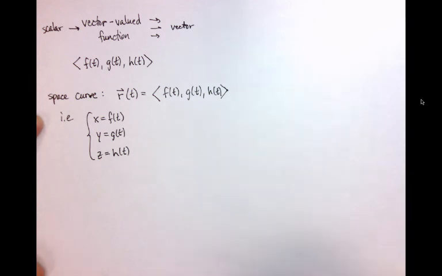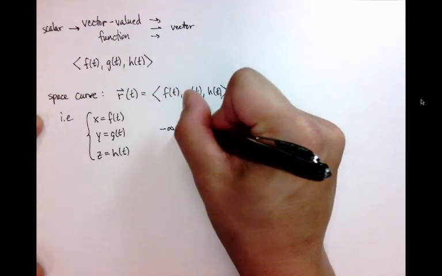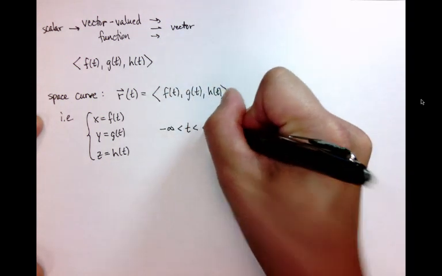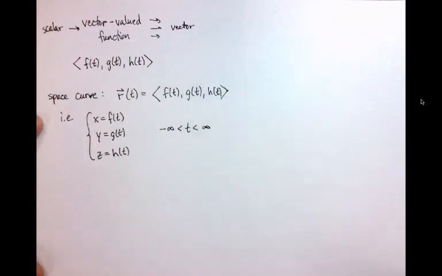And then if we think of t varying, unless we say otherwise, over minus infinity to infinity, then each value of t designates a point in space. So as t varies, it traces out a curve in space.